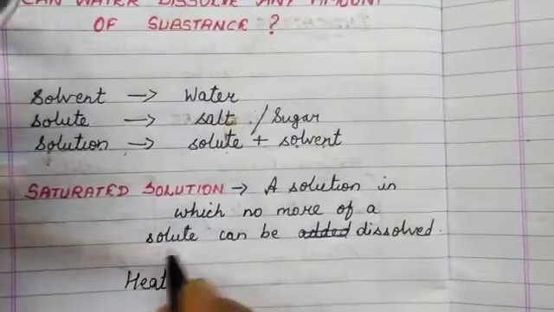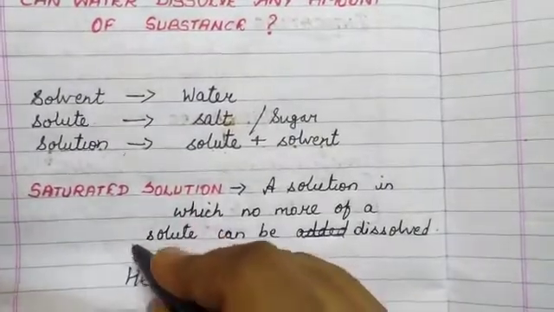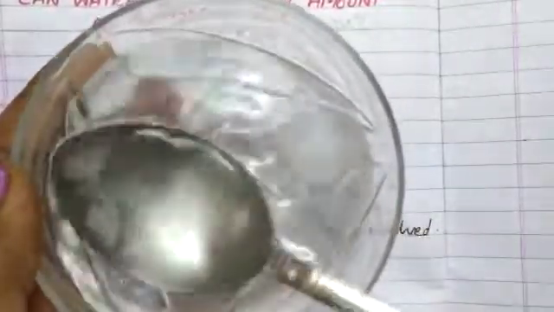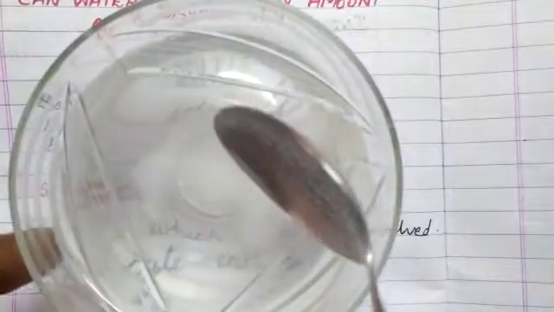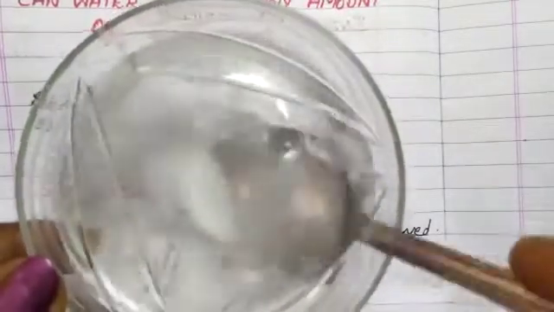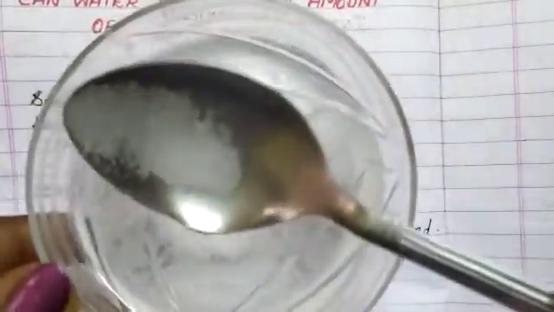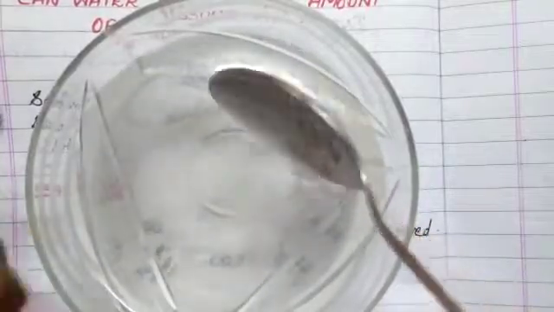On heating a saturated solution, we can again add a little more solute in it. So if I heat this saturated solution, this salt, which is not dissolving now and is still lying at the bottom, will get dissolved in it.